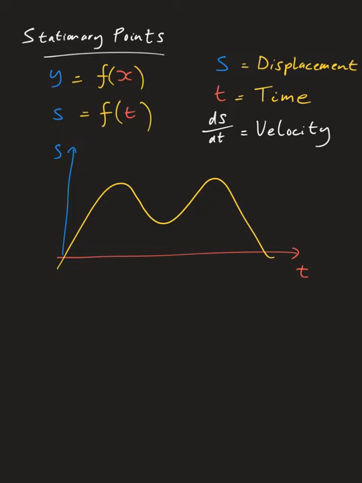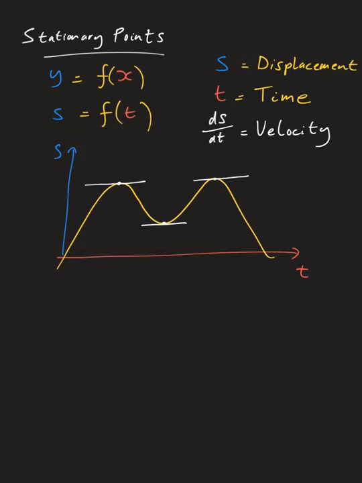There's a few points on this curve where the tangent to the curve would be flat. So right here, and right here. Remember that ds dt, the derivative of s with respect to t, is the rate of change of displacement with respect to time.